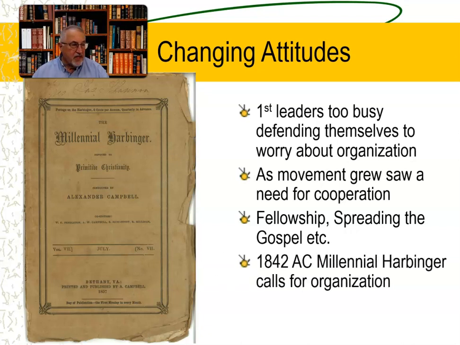Well, in 1842, Alexander Campbell, abbreviated here AC, in his Millennial Harbinger, you see a picture of the cover of one of these, Millennial Harbinger, devoted to primitive Christianity. Remember, it's the Millennial Harbinger.